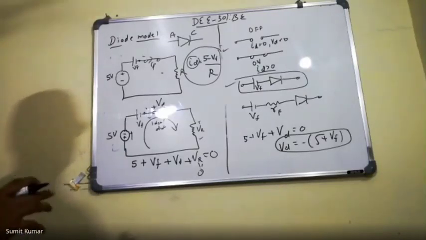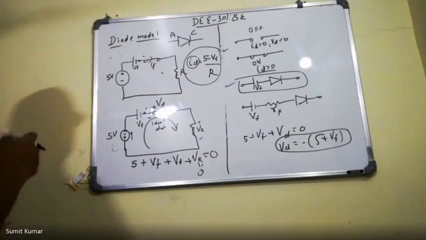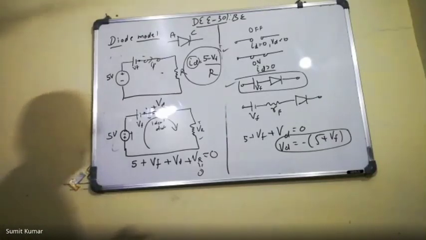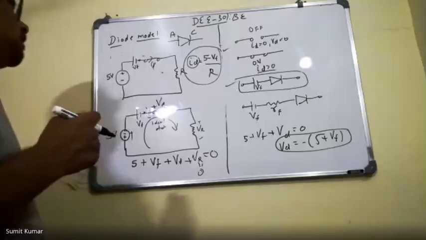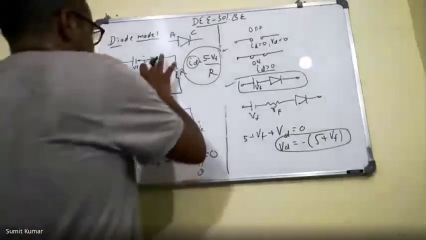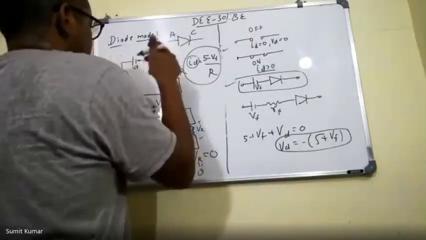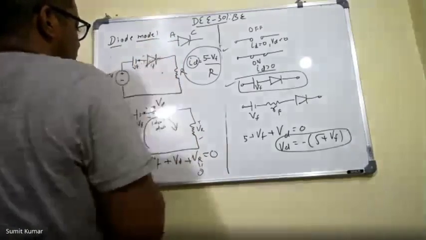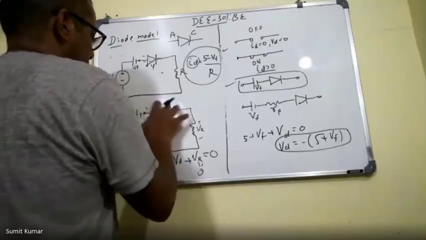So here we have applied the constant voltage source model, or the ideal diode plus voltage source model. And now again we will apply the third model on the same problem. So this will make everything very clear.